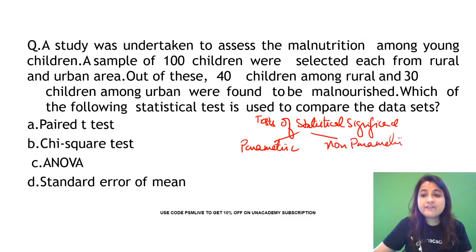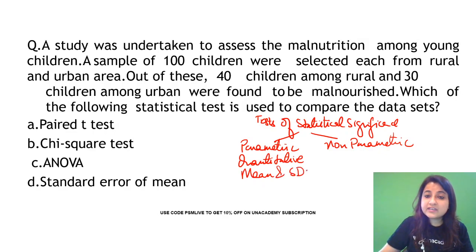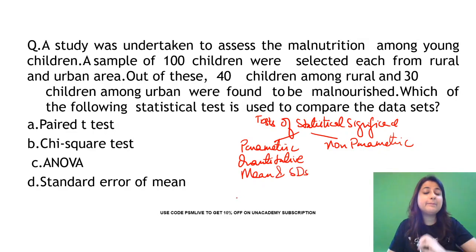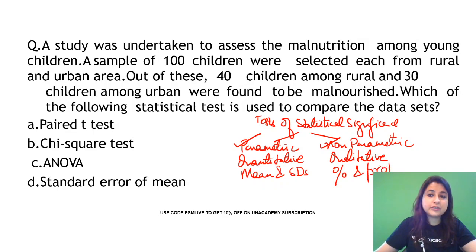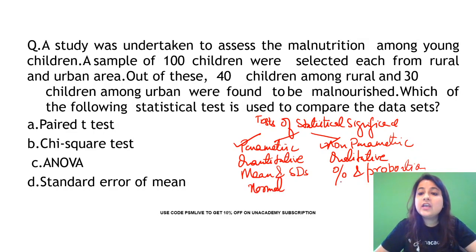If you are talking about quantitative data and you have to compare means and standard deviations, you will use a parametric test. But if you are talking about qualitative data, and you have to compare percentages and proportions, then we will be using a non-parametric test. So parametric test is for normal distribution, non-parametric test is for skewed distribution.